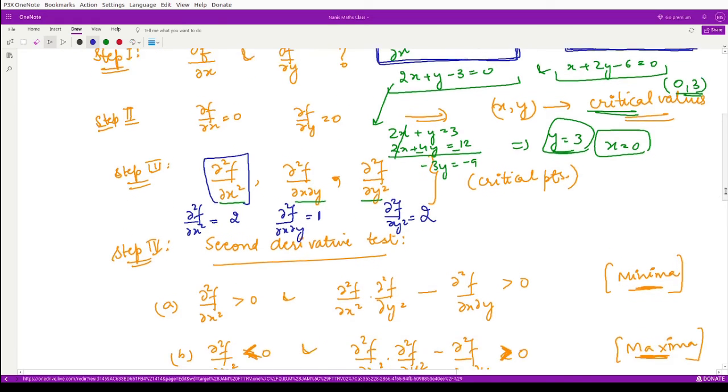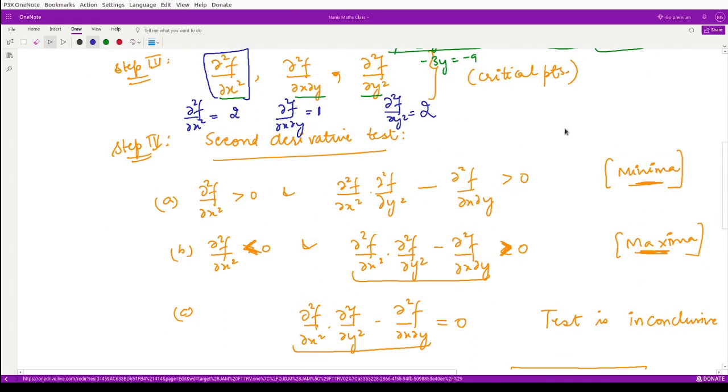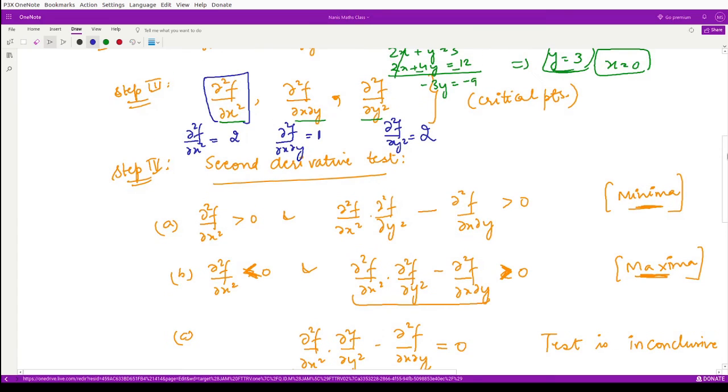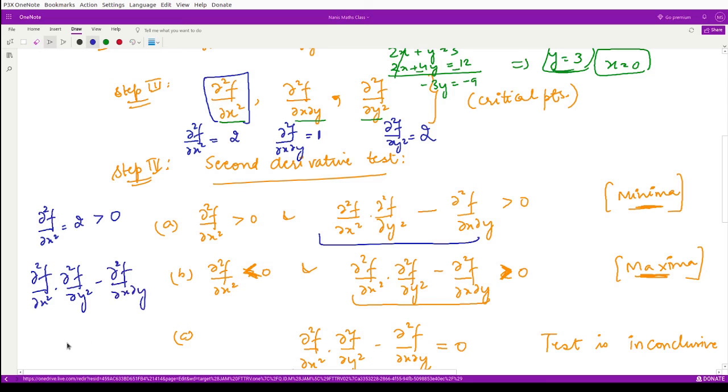Now we will perform our second derivative test at the given point (0, 3). Here we are to check these two quantities. First is del 2f upon del x2. This quantity is 2, which is positive, and moreover we are to check del 2f upon del x2 into del 2f upon del y2 minus del 2f upon del x del y squared.